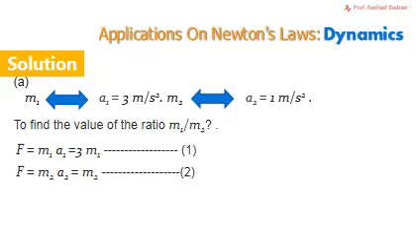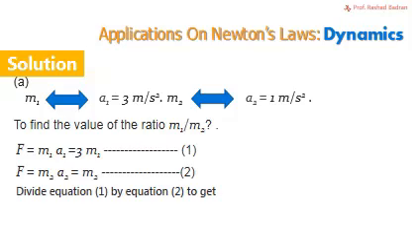And for the second one, the force equals m2 multiplied by 1, the acceleration of the second object. Then from these two equations, simply take the division of 1 by 2 to get m1 by m2 equal 1/3.